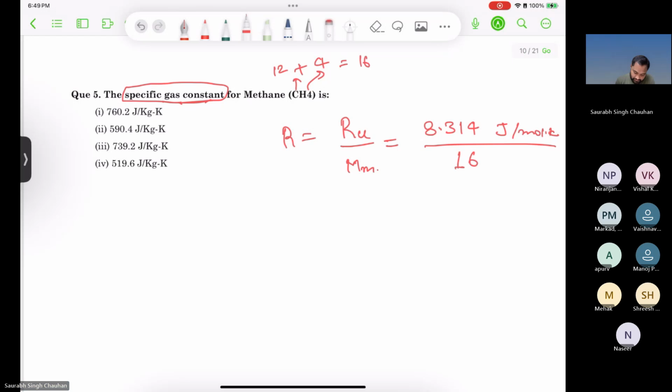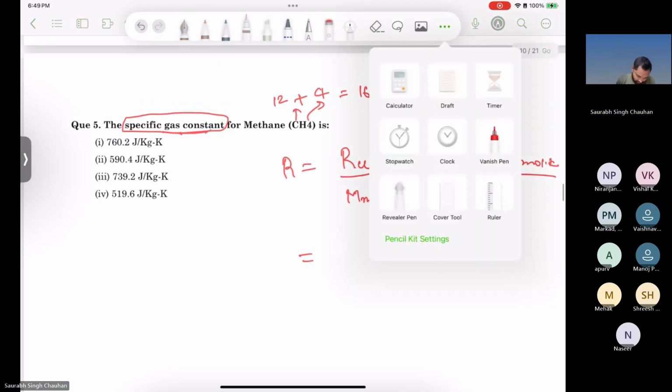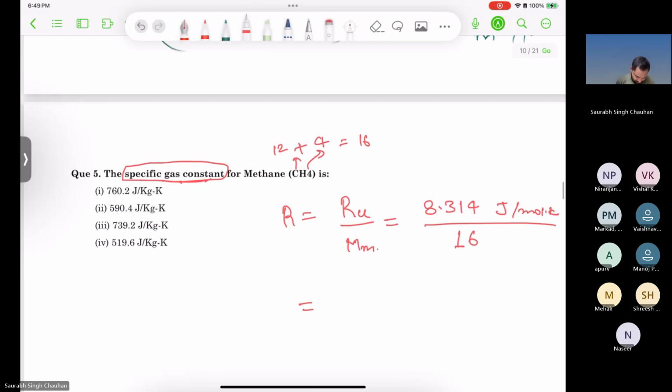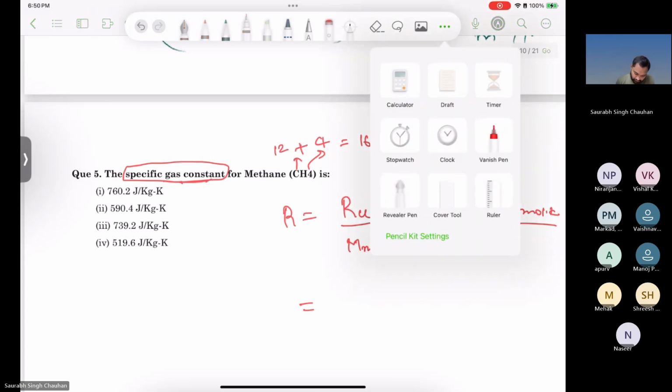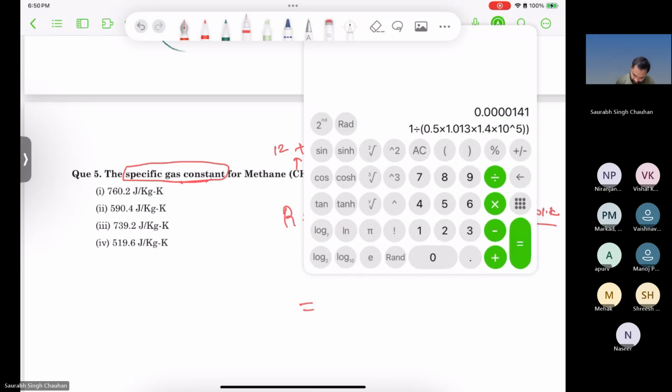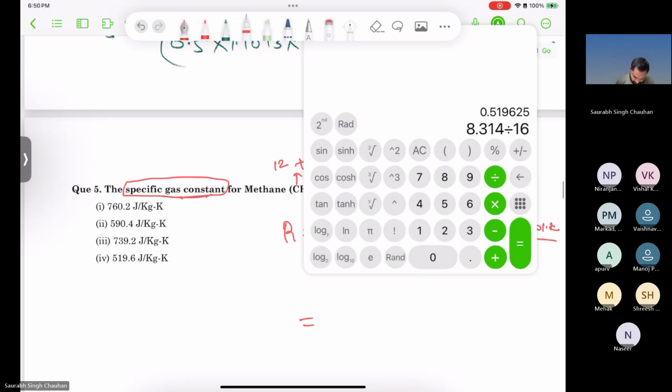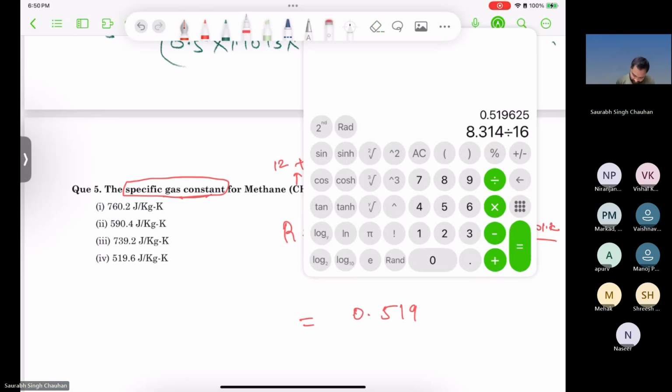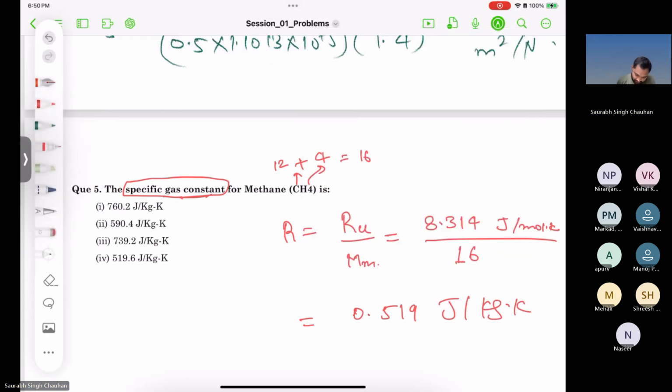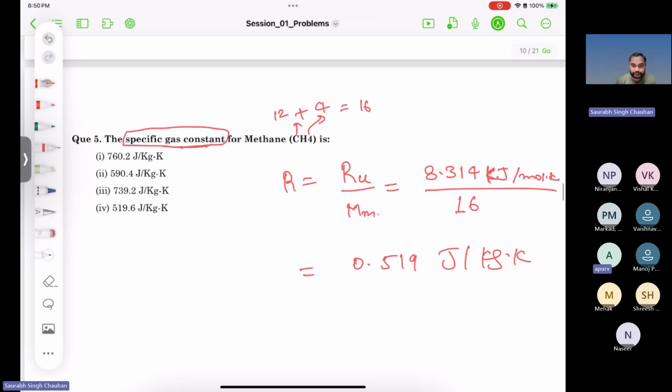So how much is it? It is coming 0.519625, joule per gram Kelvin.